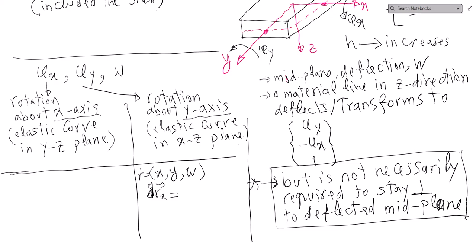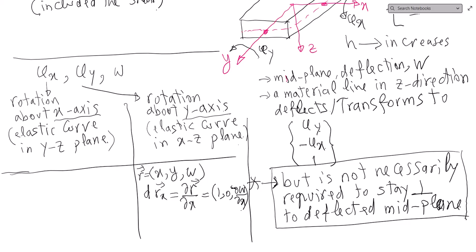Let's say this is r, the gradient of this vector with respect to x, which becomes 1, 0, and dw dx.